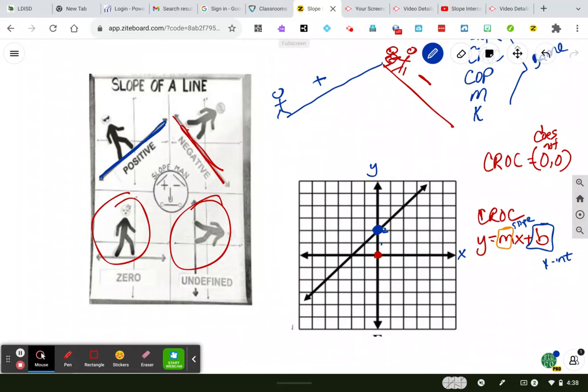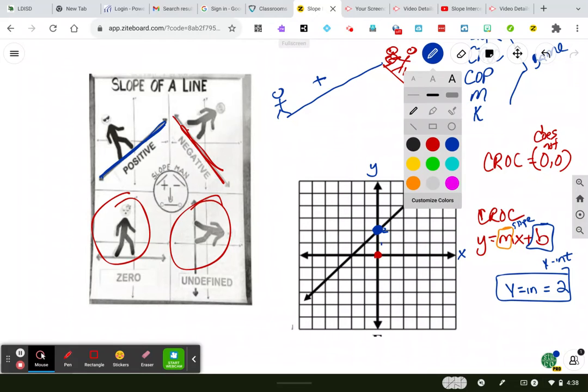So it is crossing at a y-intercept of 2. So wherever it crosses that y-axis, that is 2. And we know that this b is our y-intercept.